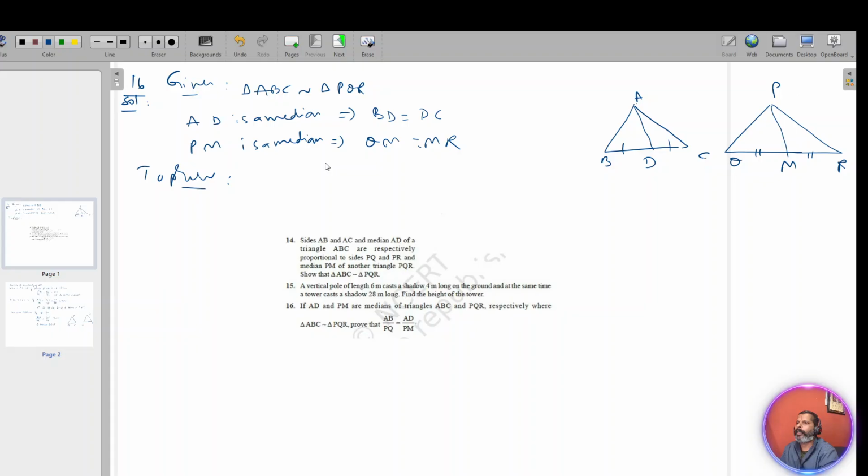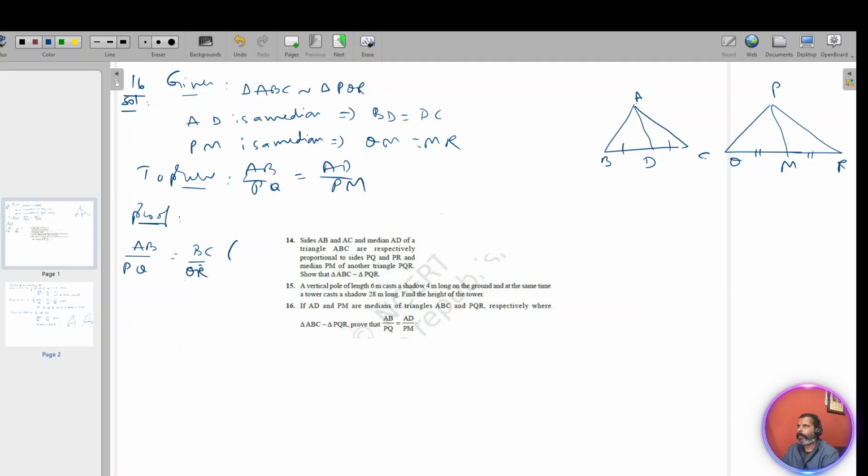Okay. Then we'll say proof. See, the triangles are similar here, ABC and PQR. What we can assume is the ratios of the sides, right? That is AB by PQ equal to BC by QR.